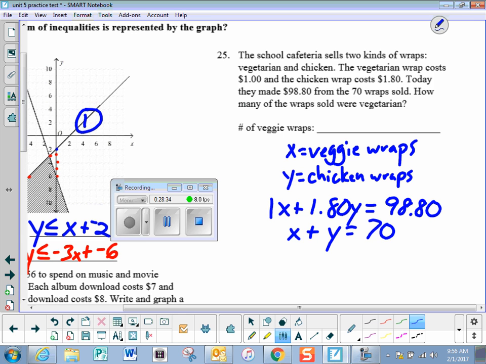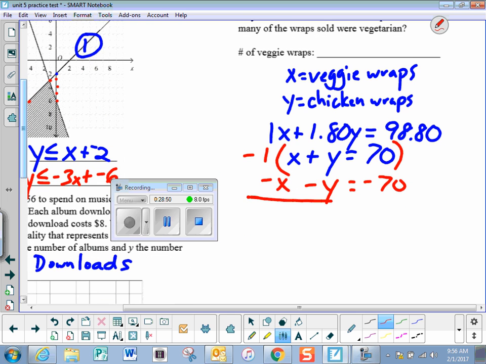70. So if you solve that system of equations, I would have just multiplied the bottom one by -1. Then I could eliminate x, and I just get 1.8y minus 1y is 0.80y equals 28.80.